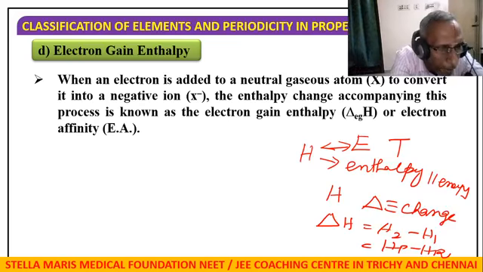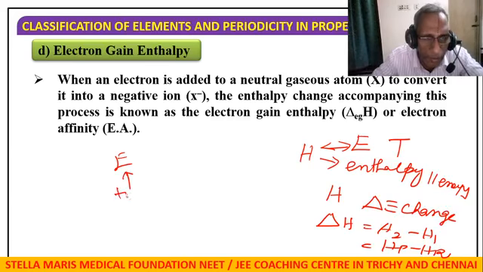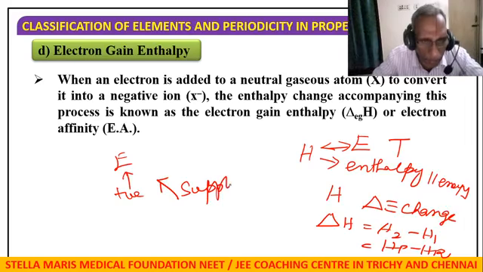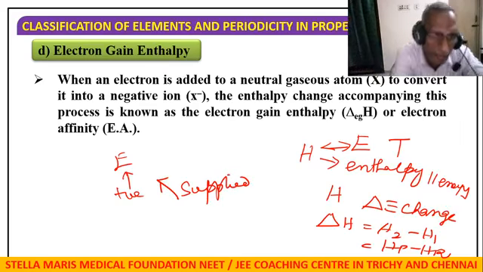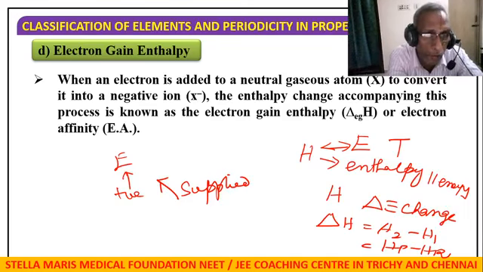Why is ionization energy positive? See Vishnu, listen for a while. Energy is conventionally taken as positive if it is to be supplied. Let us consider only two properties, ionization potential and electron gain enthalpy.